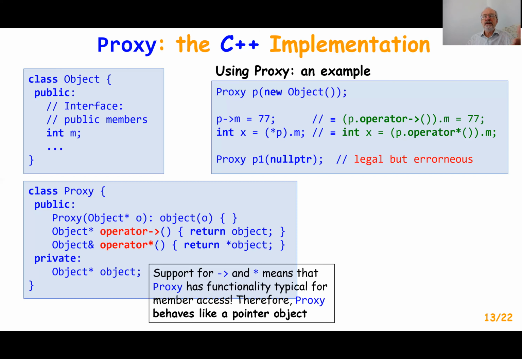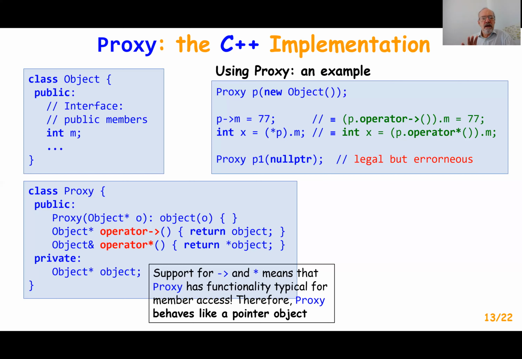And the second line shows a similar thing with the dereferencing operator. The first line is for modifying the value of M, which is in the public interface of object. And the second line is how we can read that value.